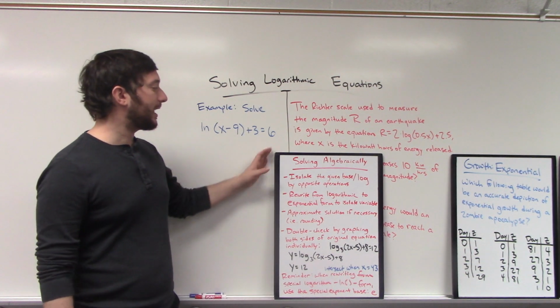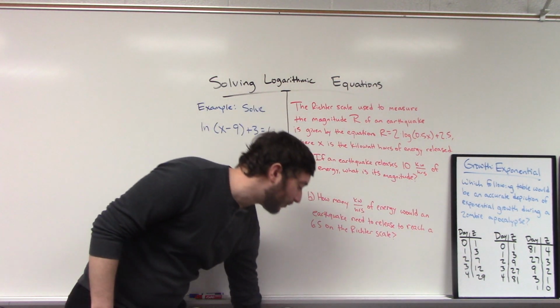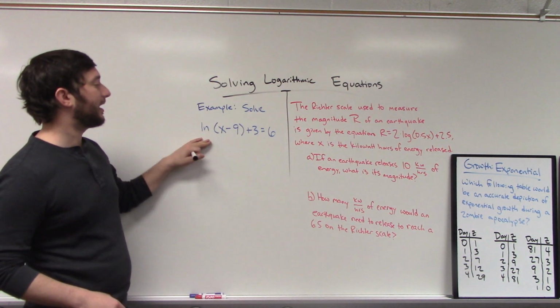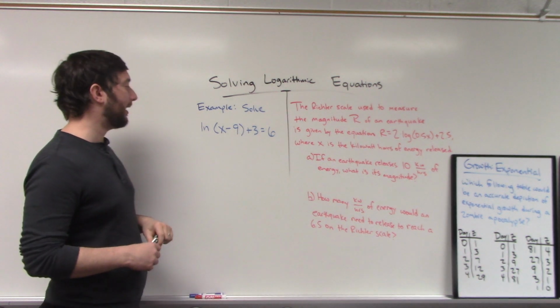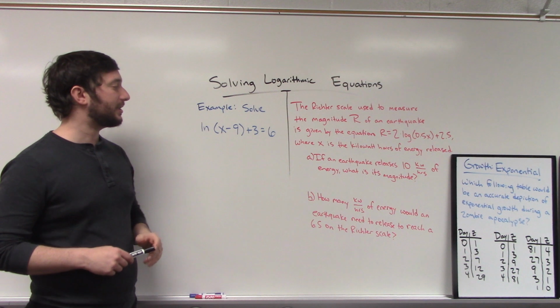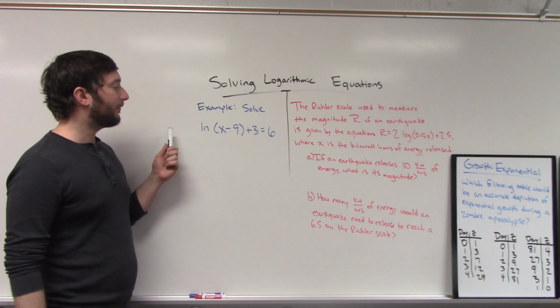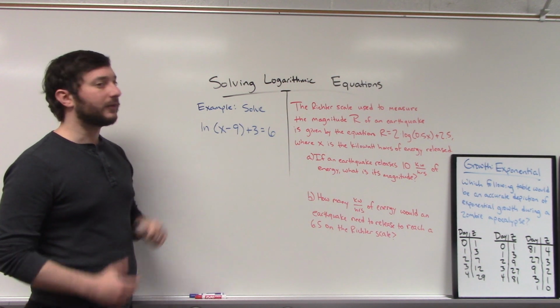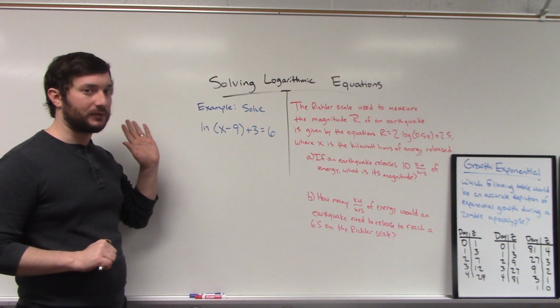So let's take a look at solving a problem here algebraically on the board on the left side. And this is a special logarithm. This is the natural log, right? ln, lowercase l, lowercase n, standing for log natural or natural logarithm. If we want to try to solve for x, we need to get the logarithm and that parentheses by itself on one side of the equation.